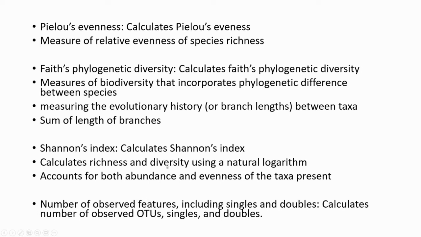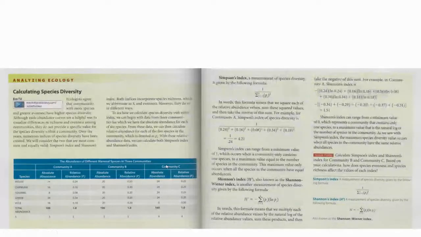This is just for your reference, so you can have a look at how they developed the formulas and how they determine the species diversity, how they perform the calculation for the alpha diversity and the Shannon index.